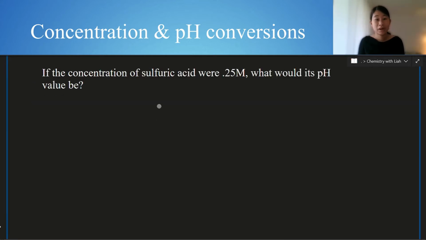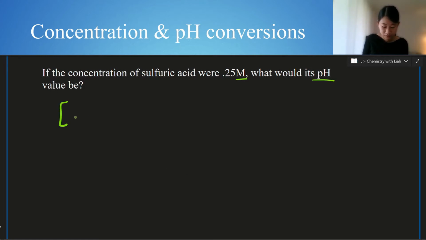With the equation in mind, try this one on your own. If the concentration of sulfuric acid were 0.25 M, what would its pH value be? So first we just want to keep in mind that M is molarity, a measure of concentration, and we want to find pH.